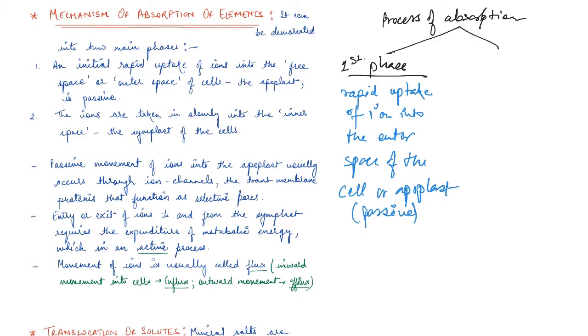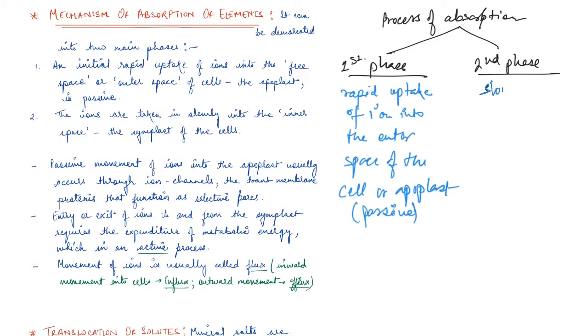What happens in the second phase? In the second phase, the ions are taken inside slowly into the inner space. Now, this inner space is the symplast of the cell. So in the second phase, it is slow.